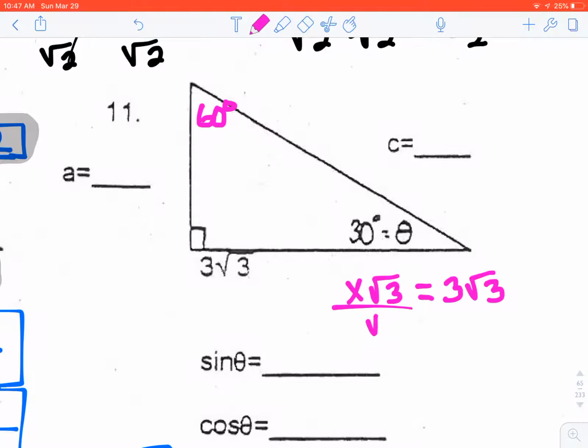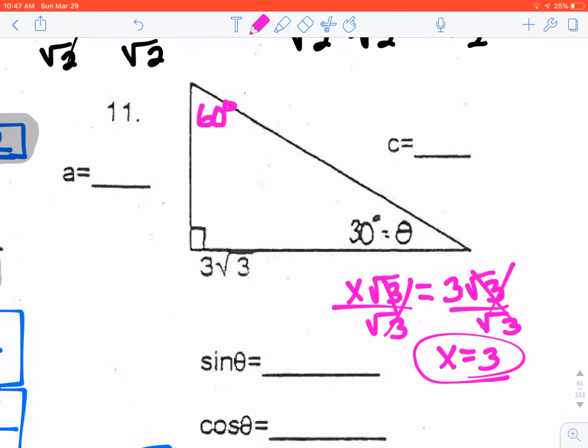So let's solve for our x here. That way we have the shorter side. So these are going to cancel. So our shorter side is 3, which is x. So hopefully this is getting easier for you. And then our hypotenuse is always 2x. So 2 times that value. 2 times 3 is 6.